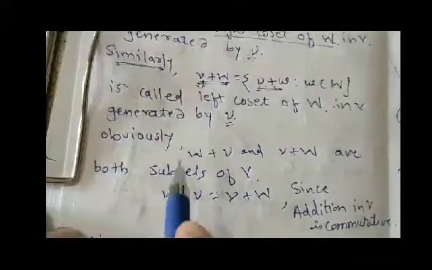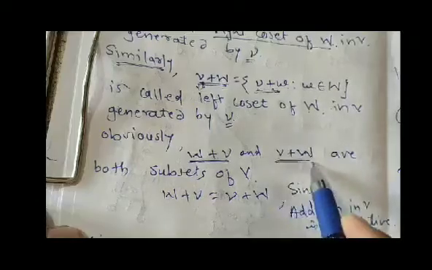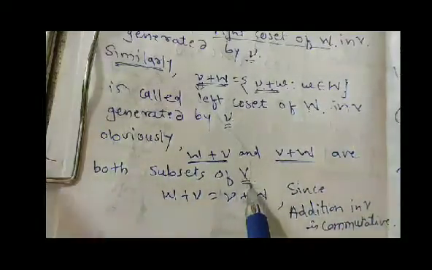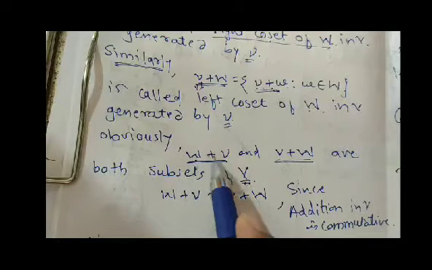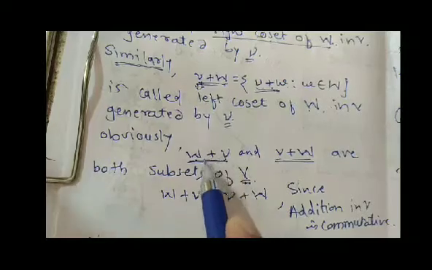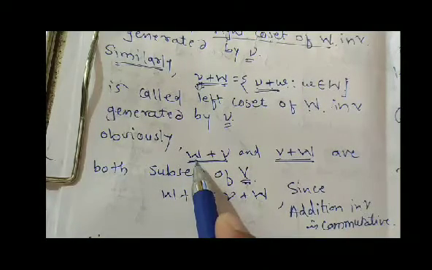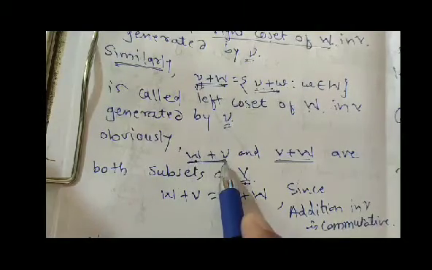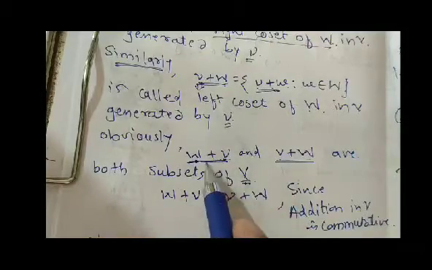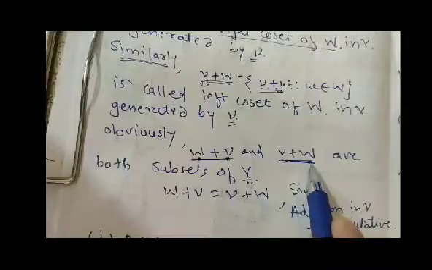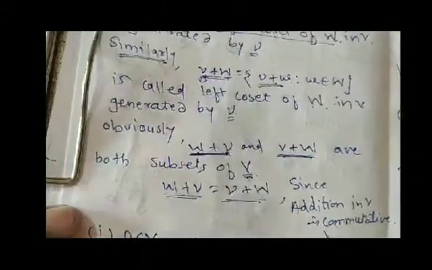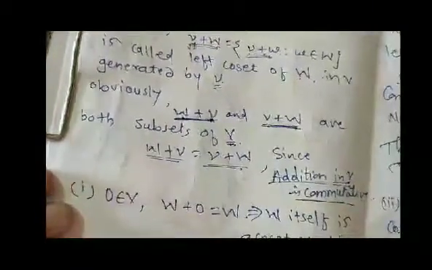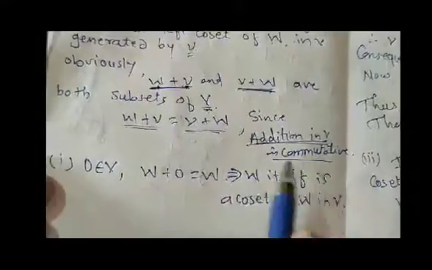Dear friends, W plus nu and nu plus W are both subsets of V, obviously, because W is a subspace, so all elements of W are in V, and nu is in V, therefore their sum is in V. Addition in V is commutative, so W plus nu and nu plus W are the same thing.